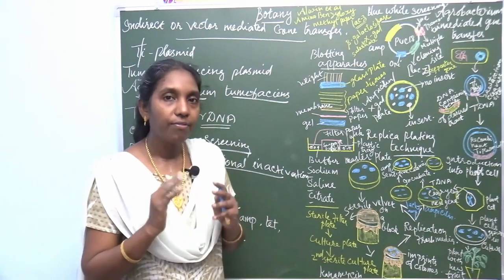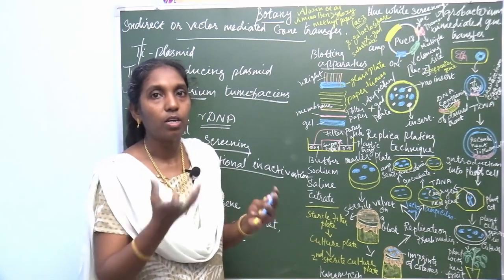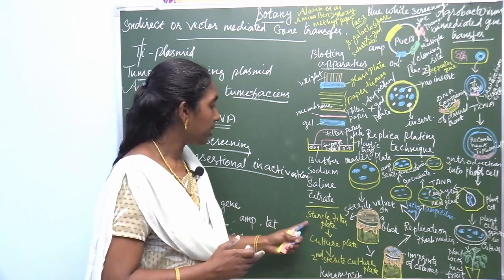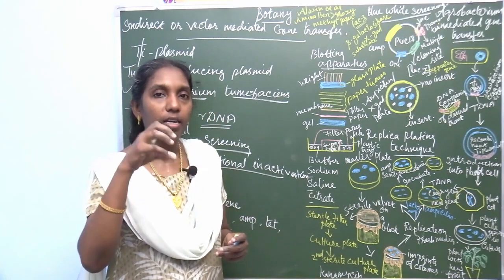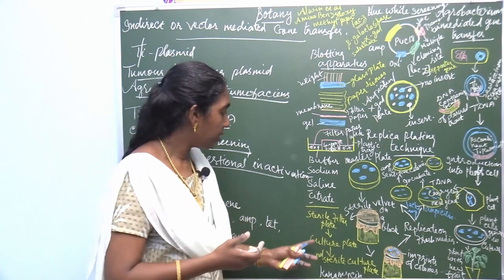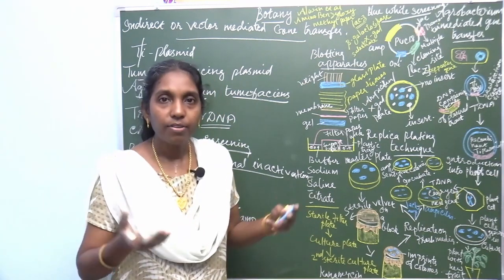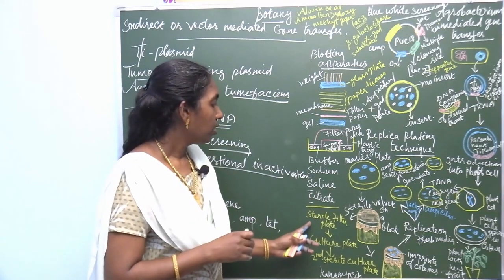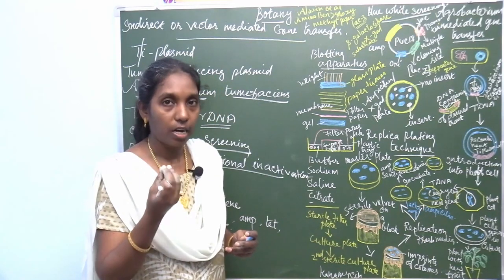At first there is a sterile filter plate. The colonies are transferred into three different culture plates. The first plate is a sterile filter plate, which contains different wells where the colonies are allowed to grow.